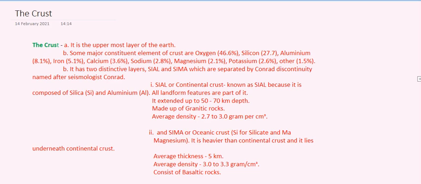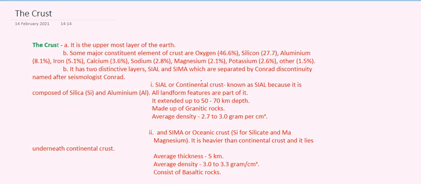At first, we are going to discuss the crust. The crust is the uppermost layer of the earth. Some major constituent elements of the crust are oxygen, silicon, aluminium, iron, calcium, sodium, magnesium, potassium, and other substances are also present here. It has two distinctive layers, Sial and Sima, which are separated by the Conrad discontinuity, named after seismologist Conrad.